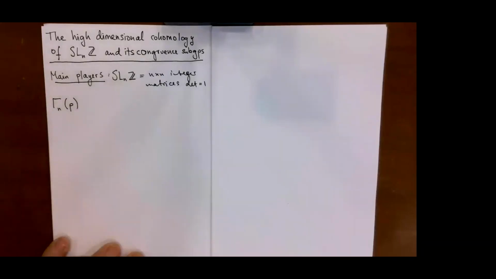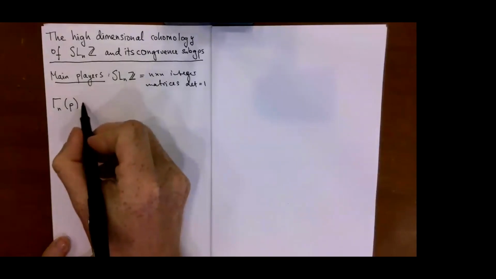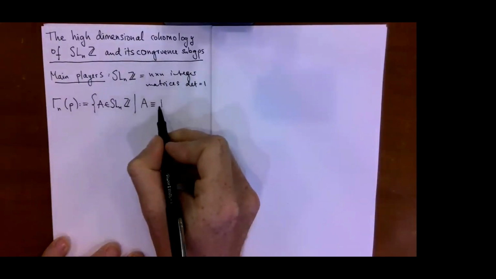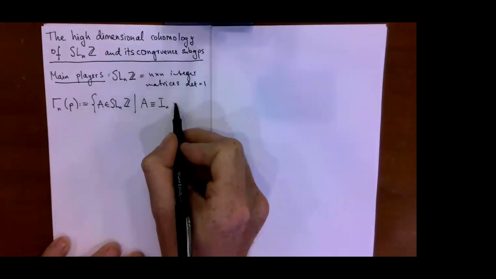Usually p is a prime, and for my notation it's going to be a prime. This is all those matrices A in SL_n(Z) such that A is congruent to the identity matrix mod p.